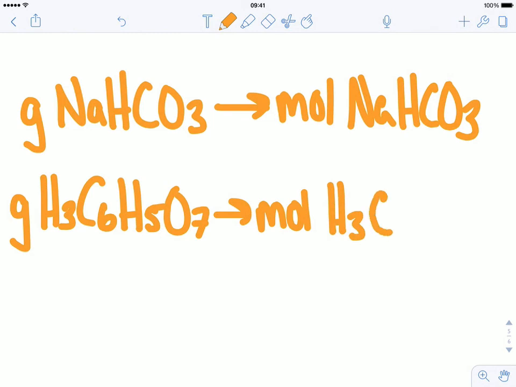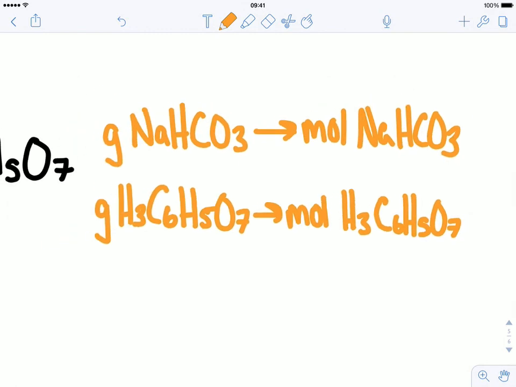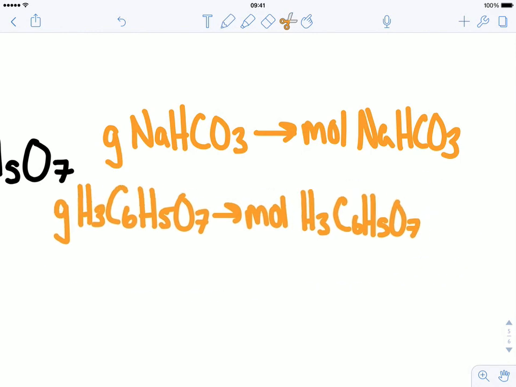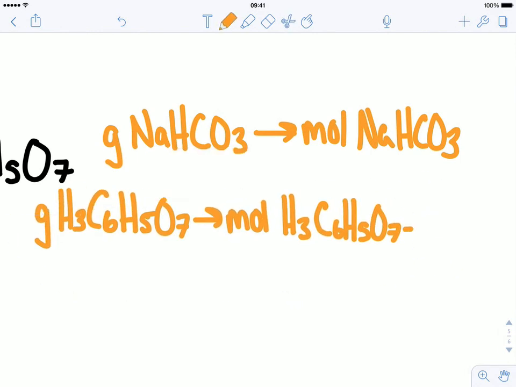And this is just following the stoichiometry roadmap. So if you need to, write down a copy or go back and refer to a copy of that roadmap, and it will make the order of these steps a little bit more clear. So after we go from grams of citric acid to moles of citric acid, we can then go to moles of the sodium bicarbonate.